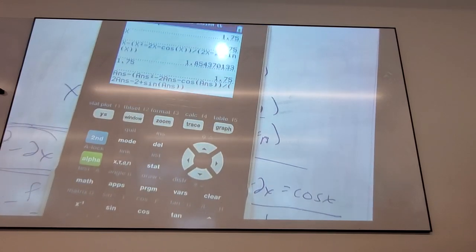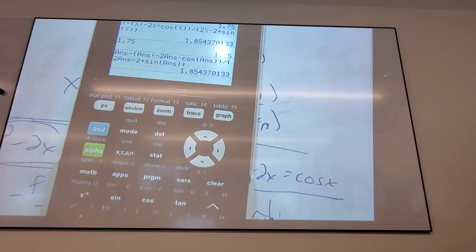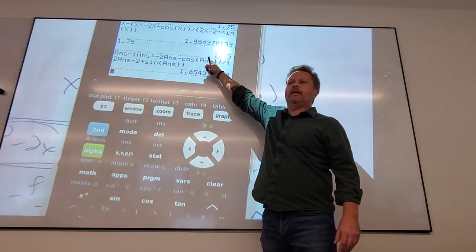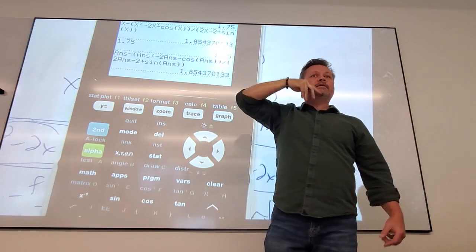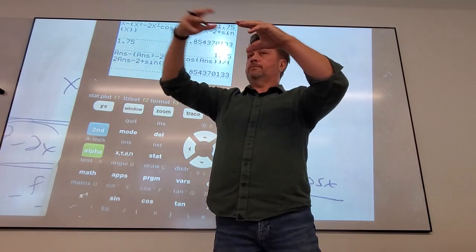If I hit this once, I should get the same answer we just got, the 1.85. Please, dear God, tell me I put stuff in correctly. Did I? Yes. If I hit enter again, it will now redo this. But what is ANS now? This number. Isn't that what the whole algorithm needs? It needs the new guess plugged in, and then that new guess plugged in, and then that.